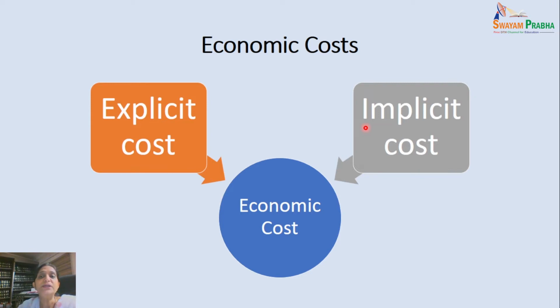If you would not have used it to run that business, you might have given it on rent. So the rent which you have foregone because you are using this building for your own business enterprise will be called implicit cost.